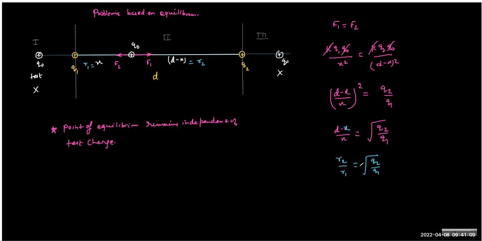And it is like that: r2 by r1 has a proportional relation with q2 by q1, right?